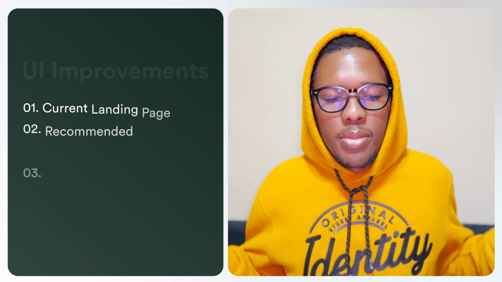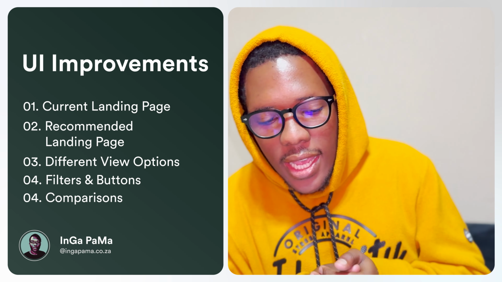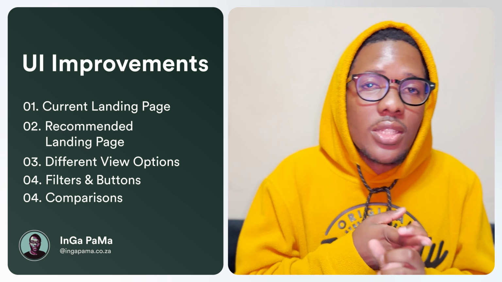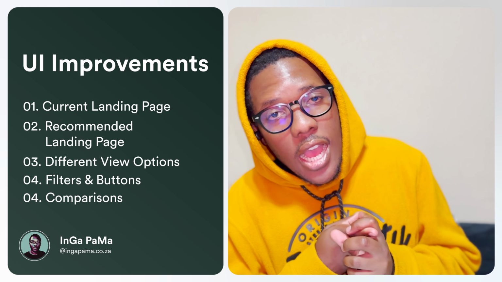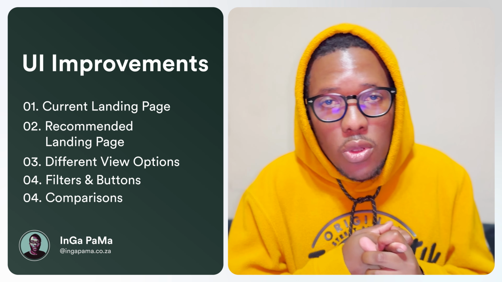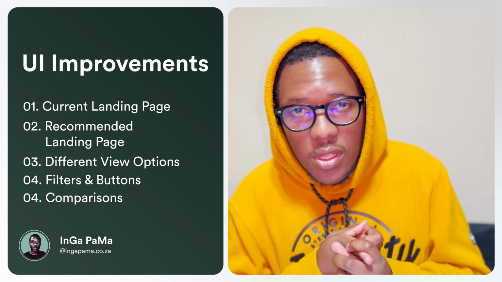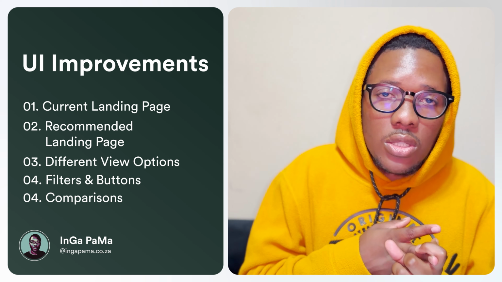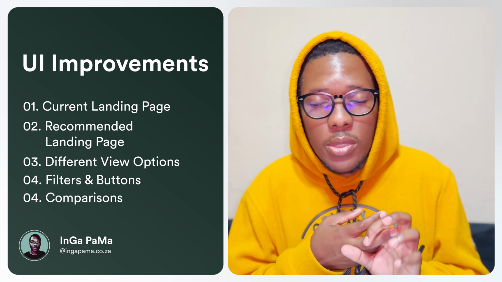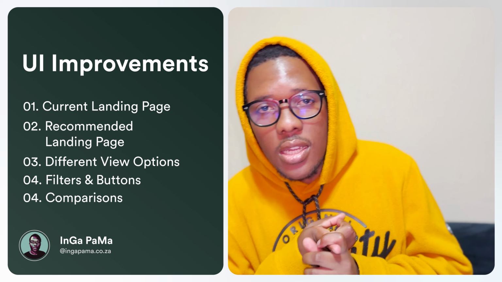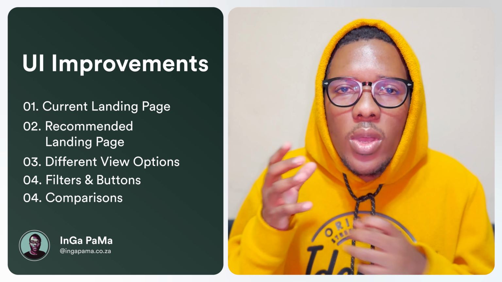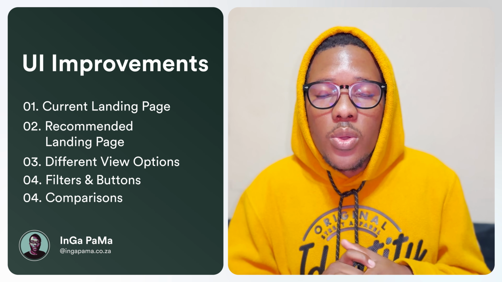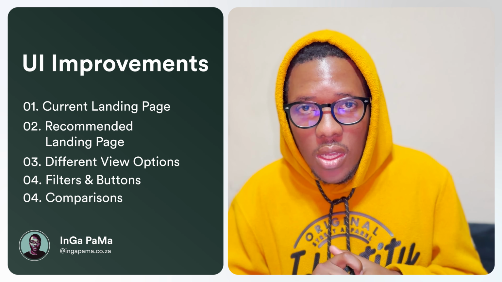What we'll be covering in this UI improvement, the UI design or reimagining, is that first, we'll be looking at the current landing page, the current mobile version of the page and how it looks. Then I'll be looking at what its issues are, and how we can improve the UI issues that we found.